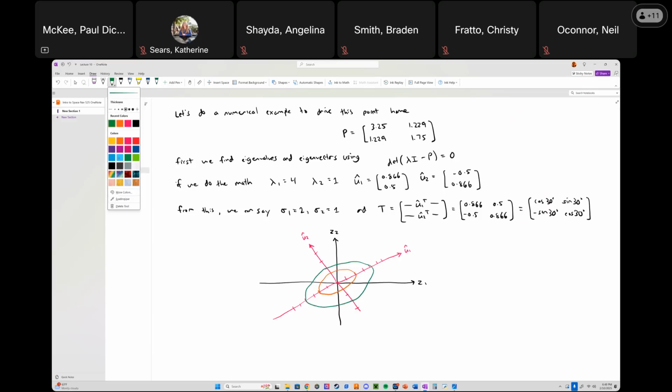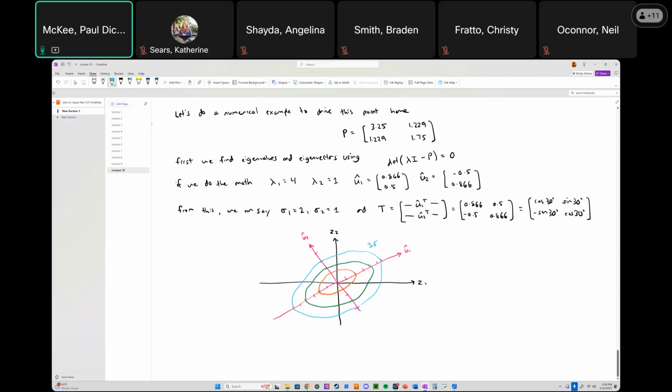And then our 3 sigma is 6 to 3 to 6. And we'll make that symmetric. There we go. So this is 3 sigma. Green is 2 sigma. Sorry, I thought I switched colors. And then orange is 1 sigma.